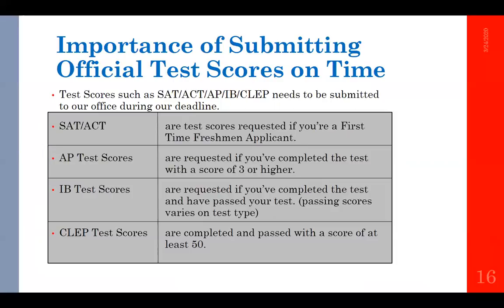AP test scores are requested if you've completed the test with a score of 3 or higher. IB test scores are requested if you've completed the test and have passed your test. The passing scores for IB do vary on test type. CLEP test scores are requested if you've completed and passed with a score of at least a 50.